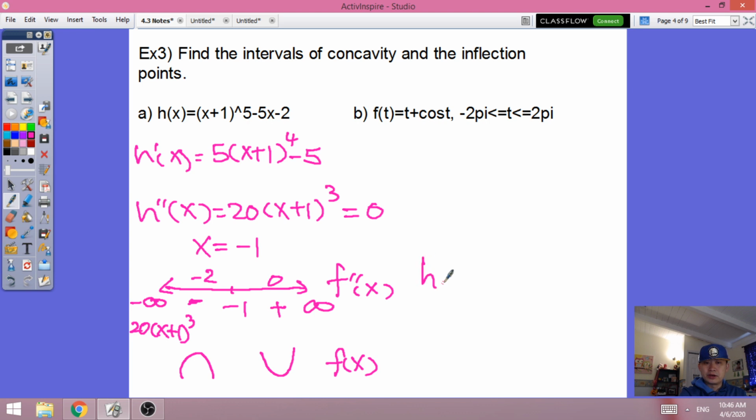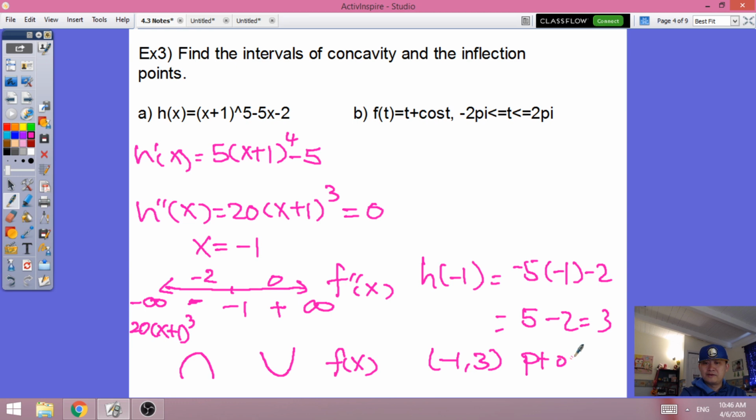Again, we plug the number back into the original equation: negative 5 times negative 1 minus 2. This part got canceled, so there's no need to show the work for it. So it's 5 minus 2, which gives you 3. So negative 1 comma 3 is the point of inflection.